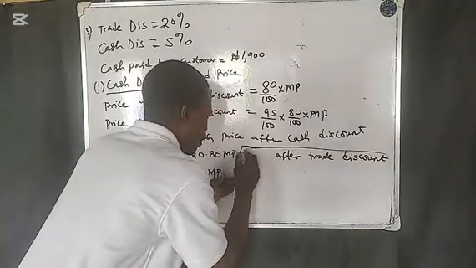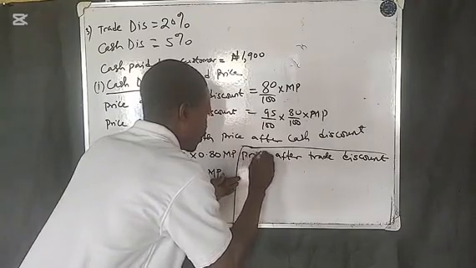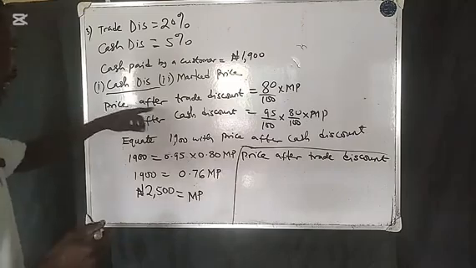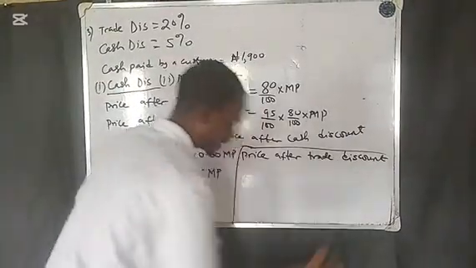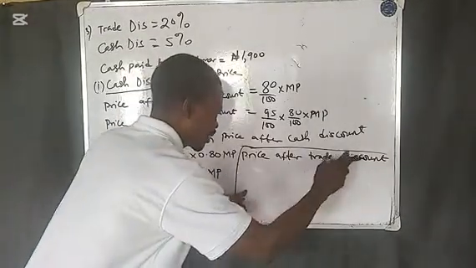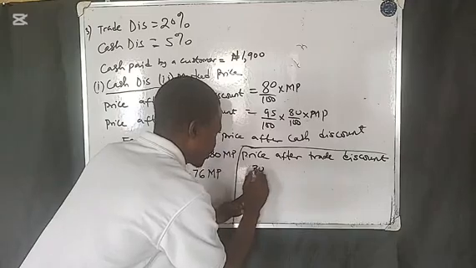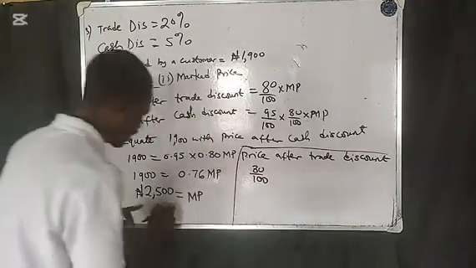Let me write it that way. Here I say price after trade discount, abi? Price after trade discount will be 80 over 100 times what?